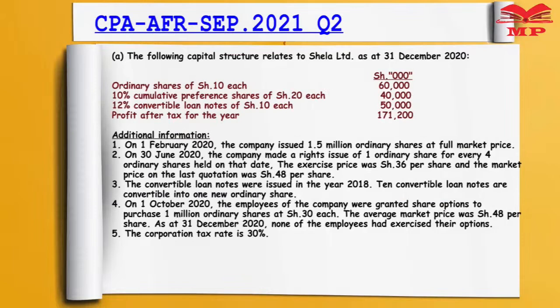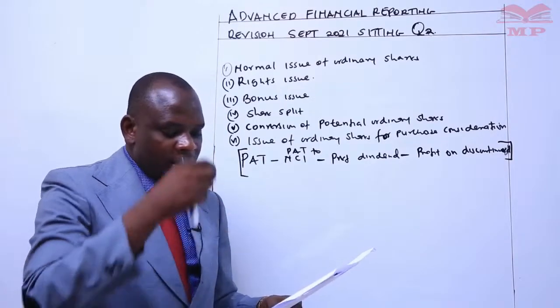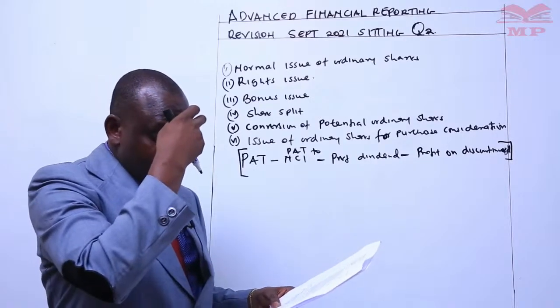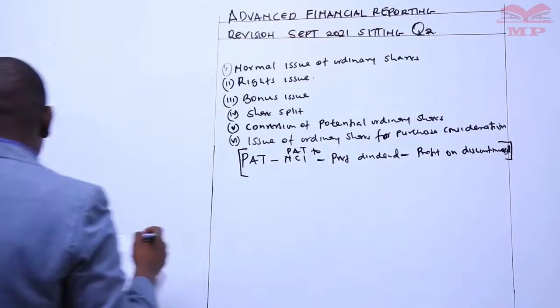So in the capital structure, we have ordinary shares of 10 shillings each, 10% cumulative preference shares of 20 shillings each, 12% convertible loan notes of 10 shillings each, and profit after tax for the year. So with that information, we can determine earnings attributable to ordinary shareholders.